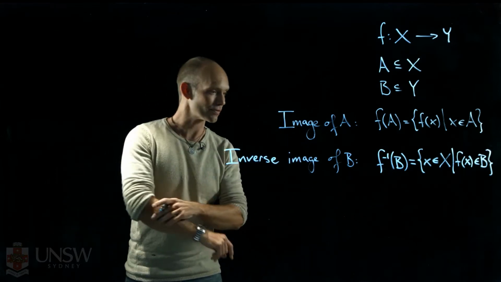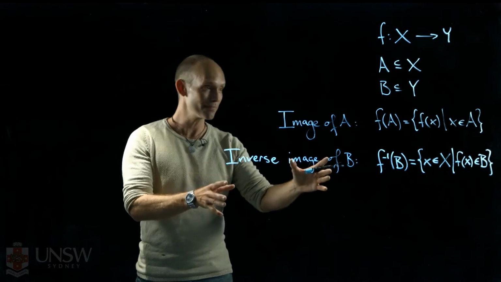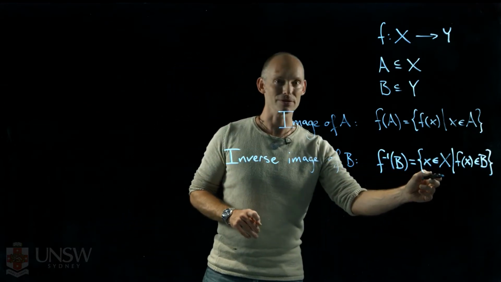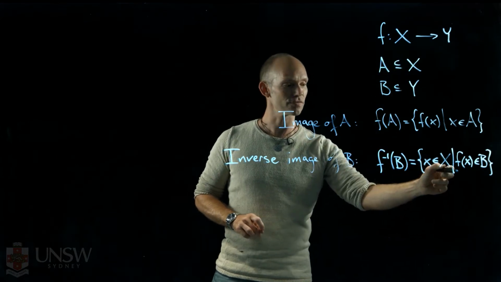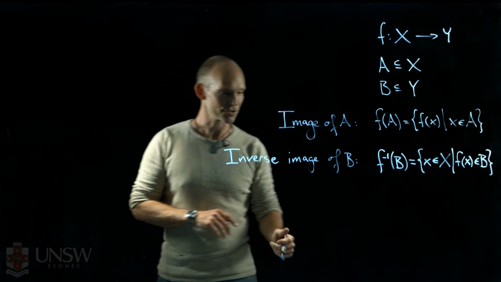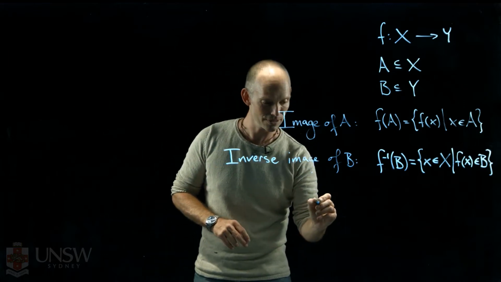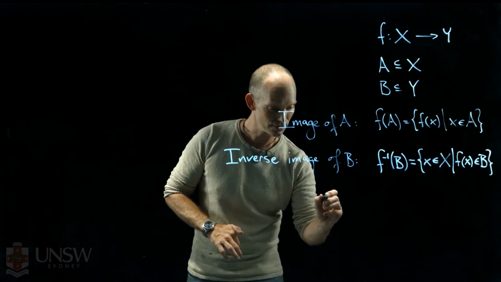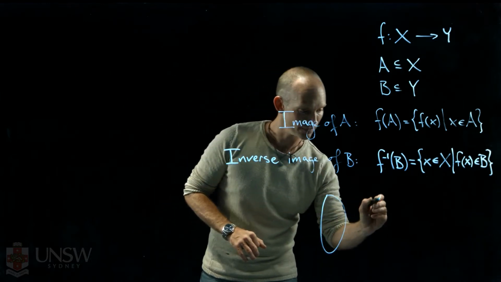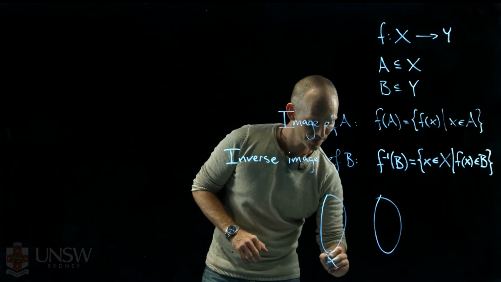The inverse image of B is all the x values, all the domain values, in other words, that have function value within B. So you can look at the two images, the image and the inverse image, in this sort of way. You have x and y here.